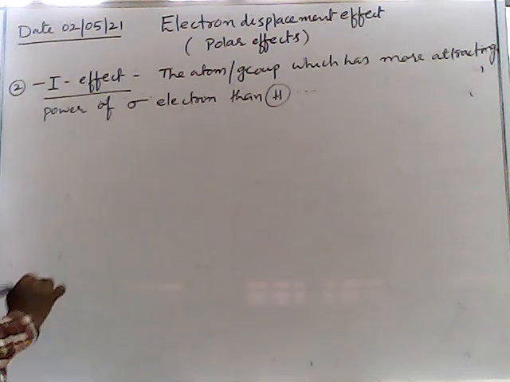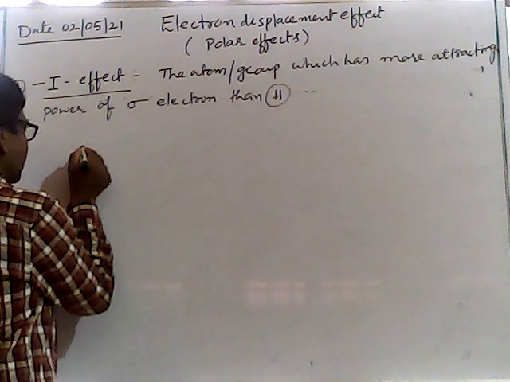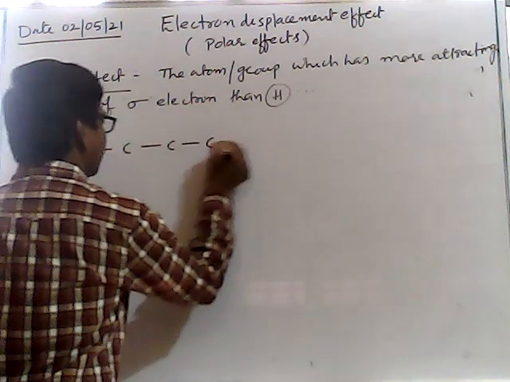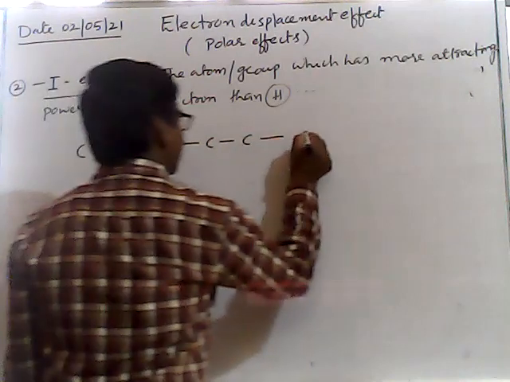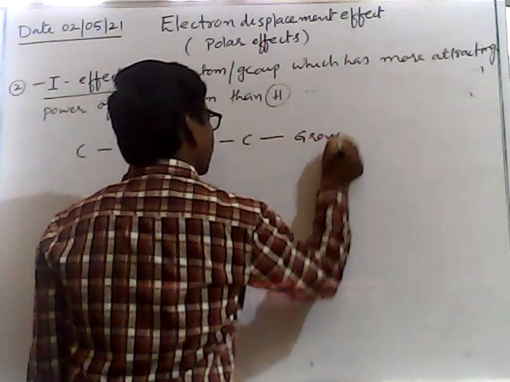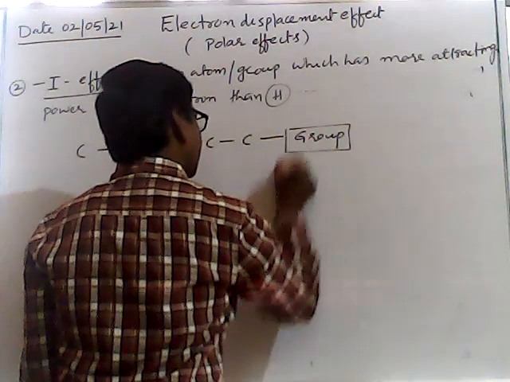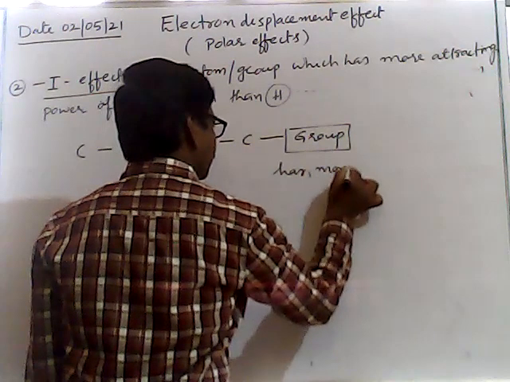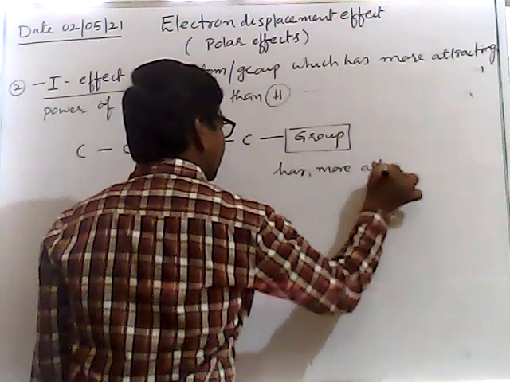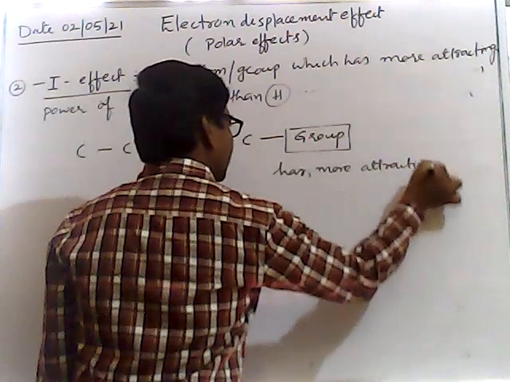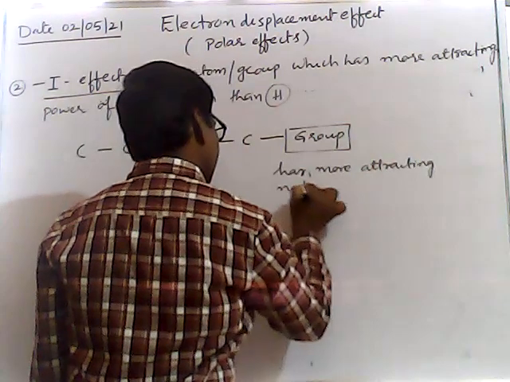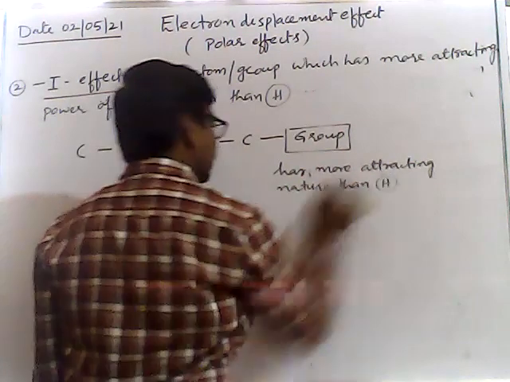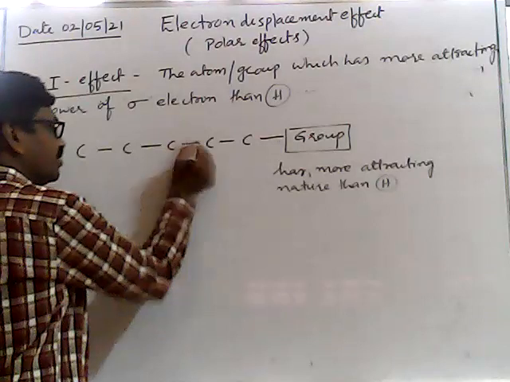Okay, and here is the schematic representation of writing like this. 5 carbons I am taking here. Here I am taking a group. This group has more attracting nature than hydrogen atom. Here, attracting nature towards what? Sigma electrons.